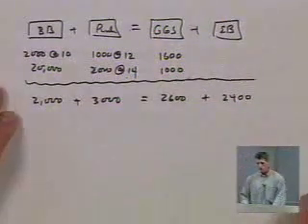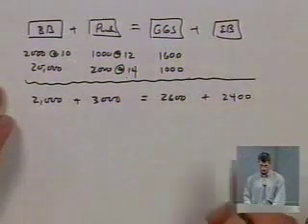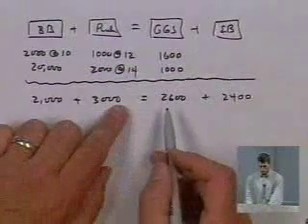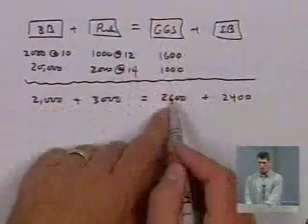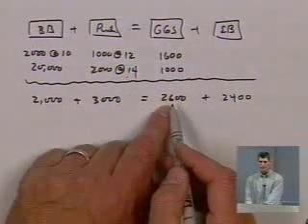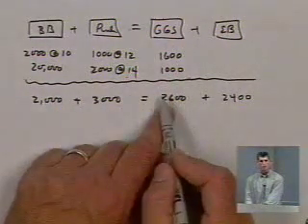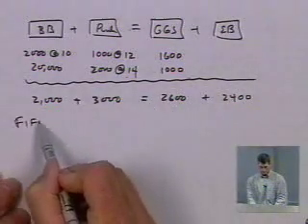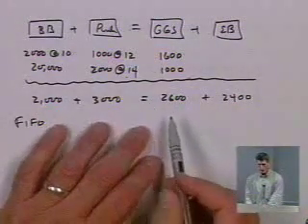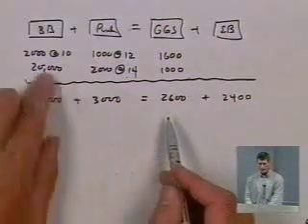Now, in order to be able to evaluate this, if we use FIFO, then the items that went out the door are valued on a first in, first out basis. So FIFO is what we'll do first. And on a FIFO, we keep very careful track of the layers.